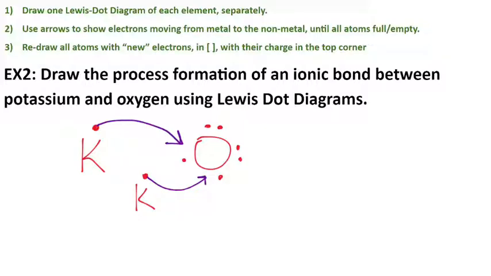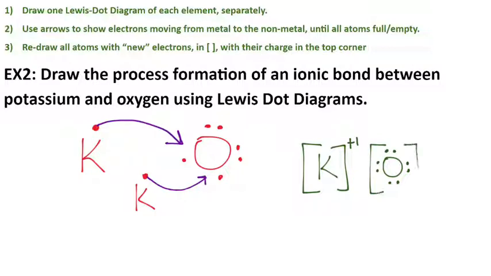So, at this point, it looks like we've got a plan. Everything's going to be completely full and completely empty. So, let's redraw our elements, potassium and oxygen. Oxygen is completely full now, and the potassium is completely empty, and we can put them in square brackets with their charges. And this is where I had said you can put a coefficient in front of any atom that you needed to draw more than once over here.